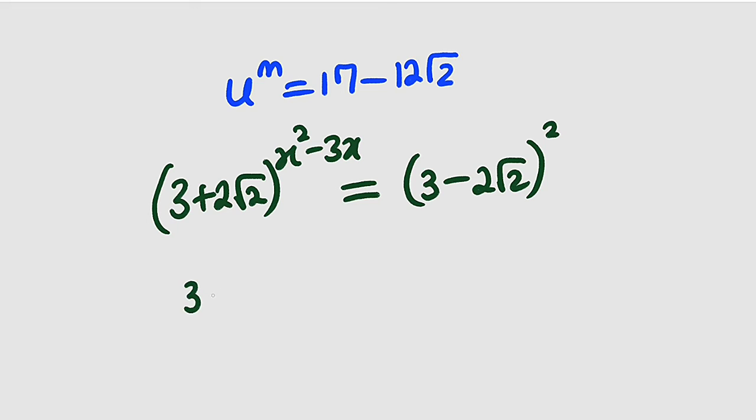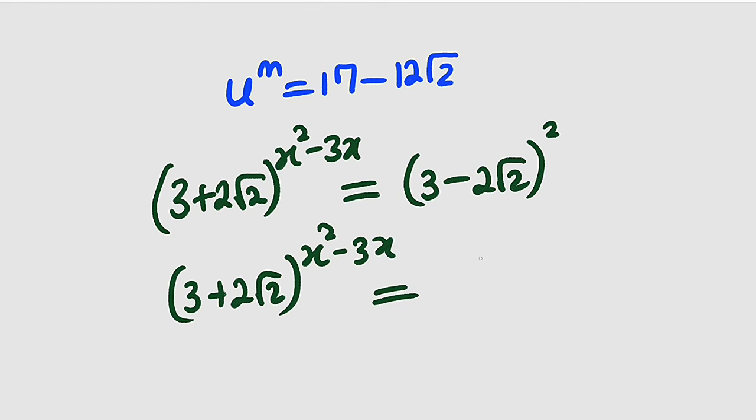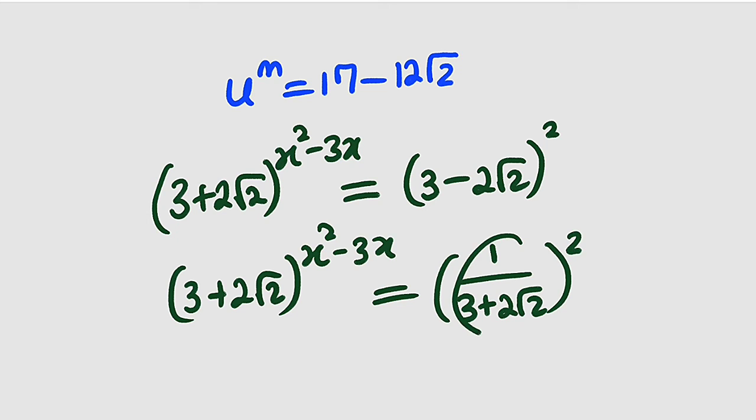The left hand side will remain (3 plus 2 root 2) to the power of x squared minus 3x. But this is the same thing as 1 divided by 3 plus 2 root 2. But since it has a power of 2, we have to raise it to the power of 2. So this and this are exactly the same.